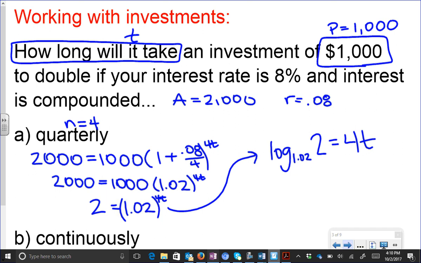With the change of base formula, you can push log 2 divided by log of 1.02. Once you get that value, to get t by itself, you need to divide by 4. So t is 8.75 years.